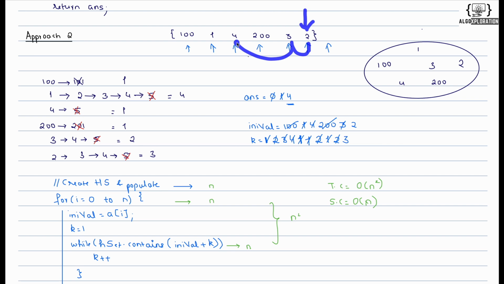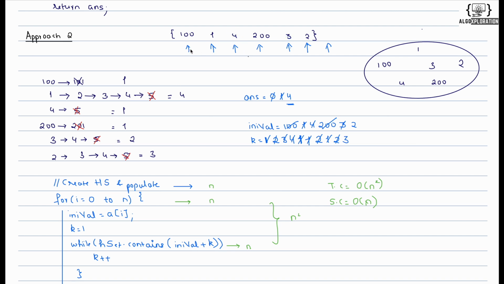So why should we do that? Instead of taking 2 as the initial value, first we'll check whether 2 minus 1, that is the previous element, that is 1, is present in the hash set or not. If it is present, then we will not consider 2 as the initial value. Same goes for 3, same goes for 4.